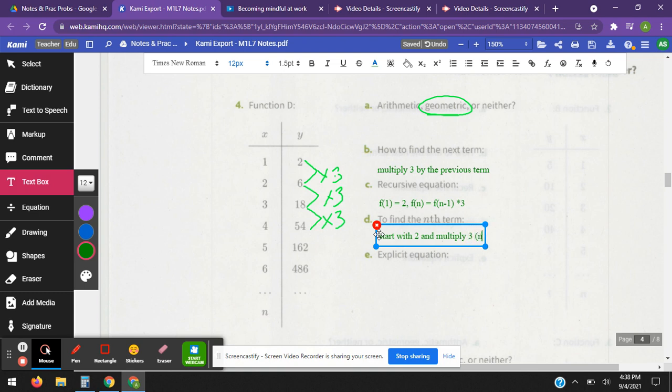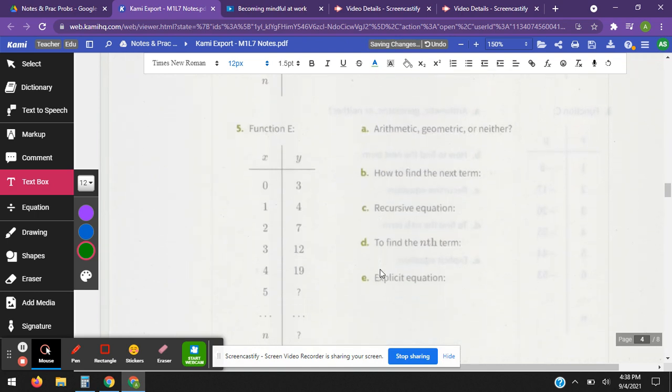And again, it's that n minus 1 times. That first term is what we're given, so we don't need 1 for the first term. So f of n equals 2 times 3 to the n minus 1 power. All right, we're cruising through these.